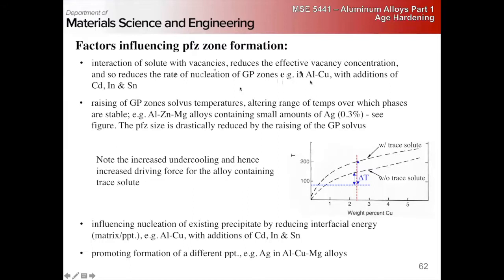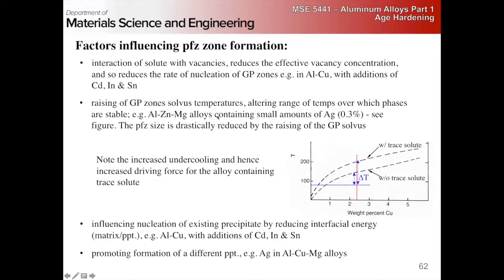So if we introduce cadmium, indium, and tin into aluminum copper alloys, we really arrest or retard GP zone formation because of the interaction between these elements and the vacancies. The vacancies are not able to diffuse because they're so tightly correlated with the alloying elements.